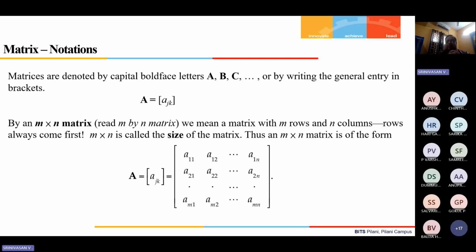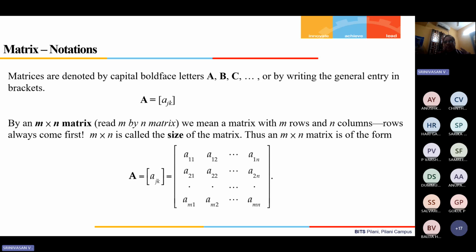Thus, an m by n matrix is of the form. How does it look like? We just have seen capital A is equal to small a_jk within square brackets. If you expand it with j equal to m number of rows, k equal to n number of columns, you can write it in full as a matrix enclosed within square brackets or ordinary brackets whose entries are a11, a12, etc., a1n, because first row, first column, second column, nth column.